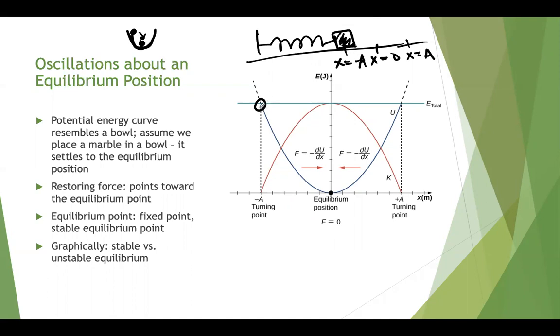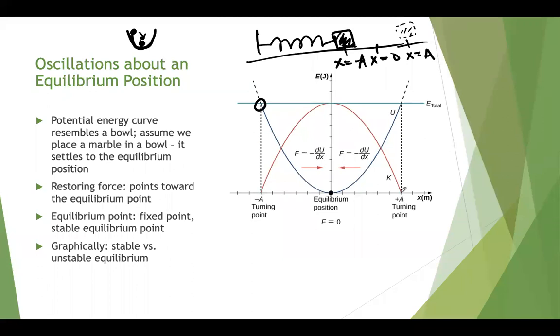So we start here, and our spring would push this block over, through our equilibrium position and to our maximum amplitude, x equals A, okay? So it would eventually get here, right?